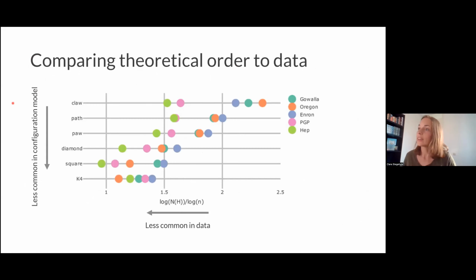So what we can do is order the subgraphs from the ones that appear the most in a configuration model to the ones that appear the least frequently in the configuration model. So what is the ordering of the number of subgraphs that I would expect in a null model?